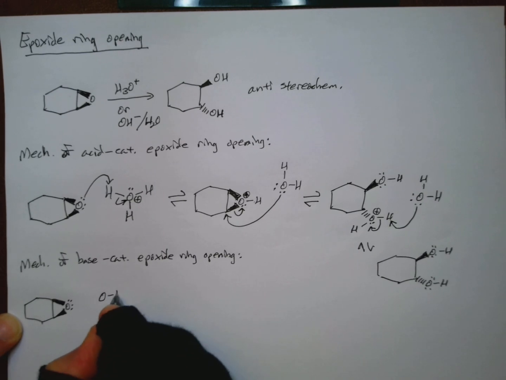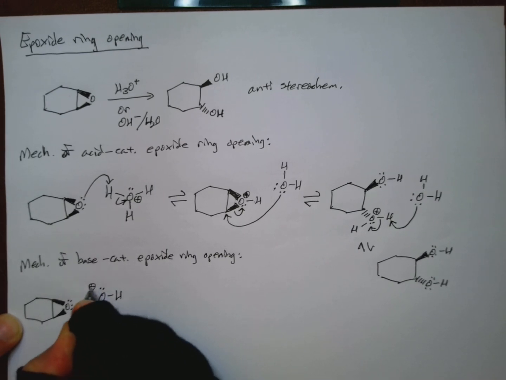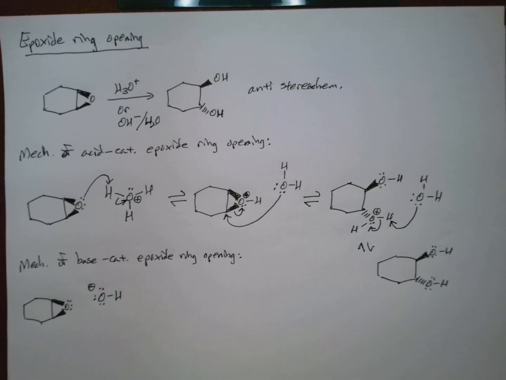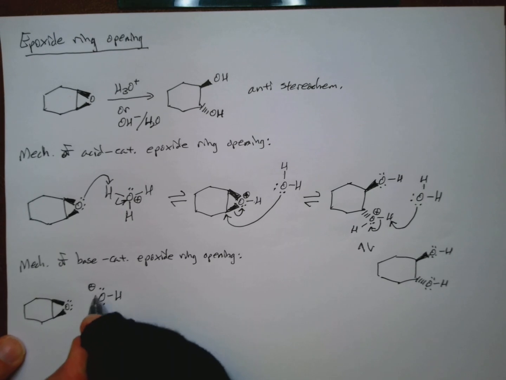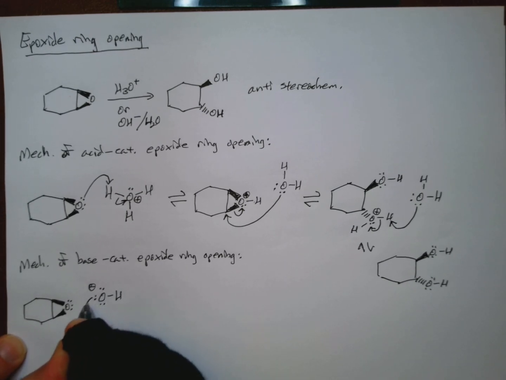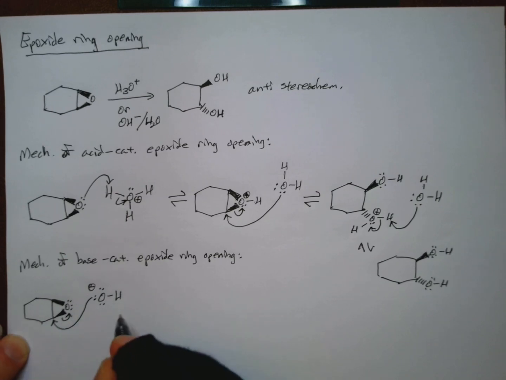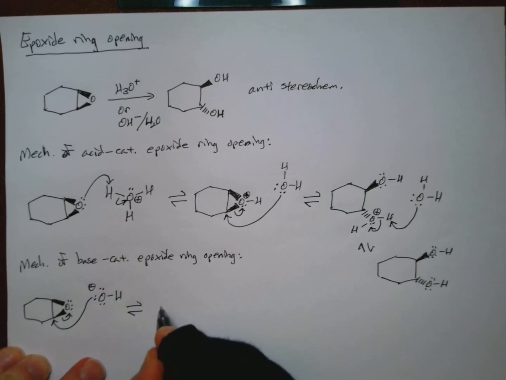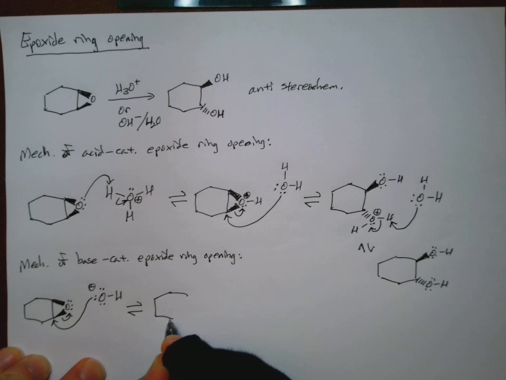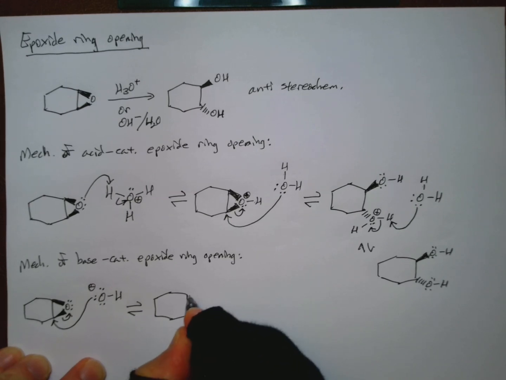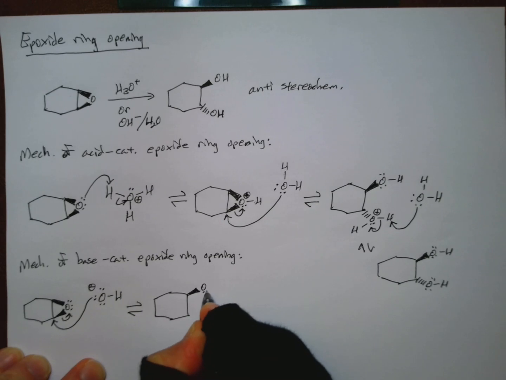And now I've got my base, and I've got a negative charge, so I'm not going to be doing a proton transfer first. This is a good nucleophile, so I could go ahead and have nucleophilic attack, popping open the epoxide.